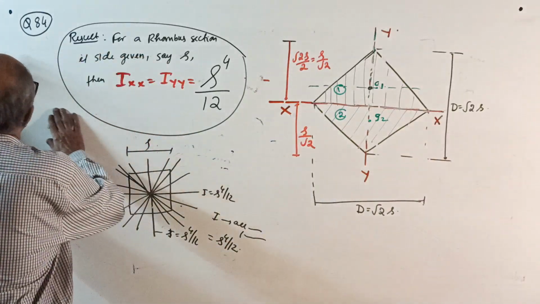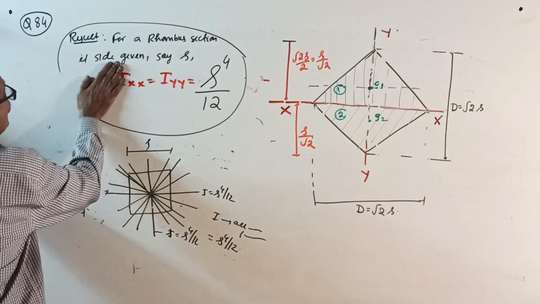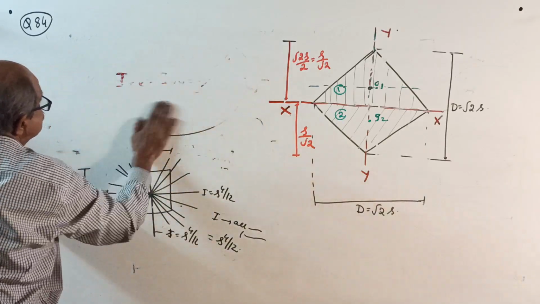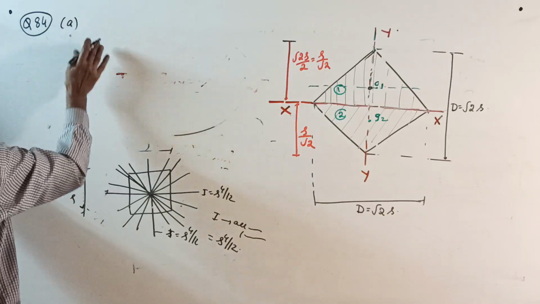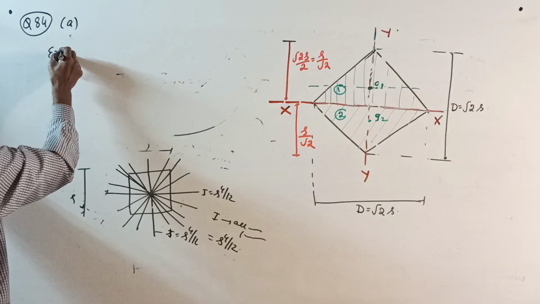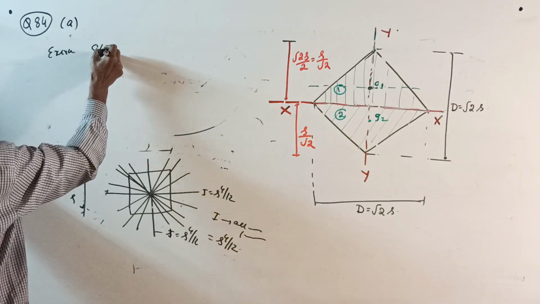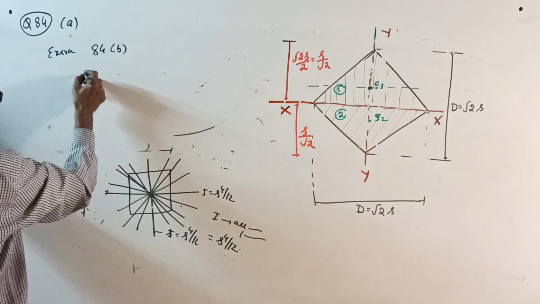Okay, now question 84 over, question 85. Question 84A is what I did last time. Now one exercise for you. Exercise 84B. You solve the question.